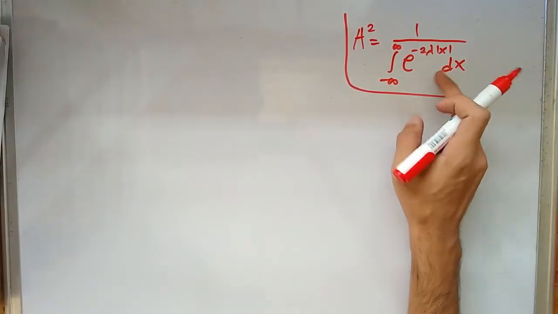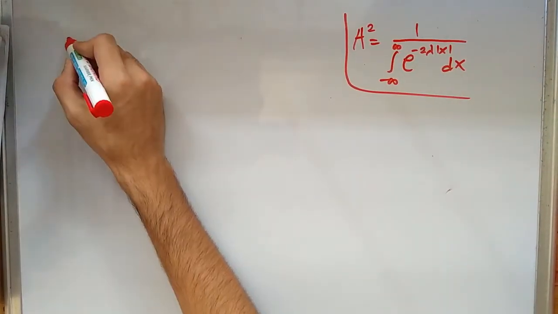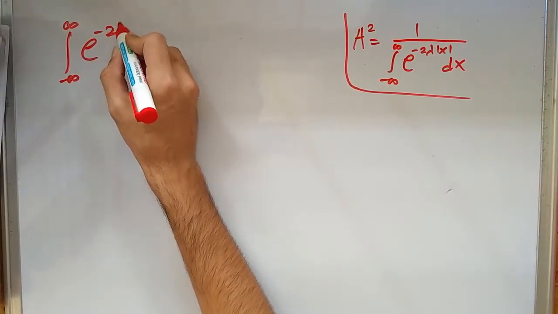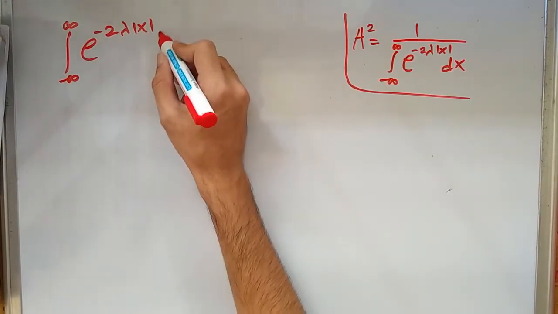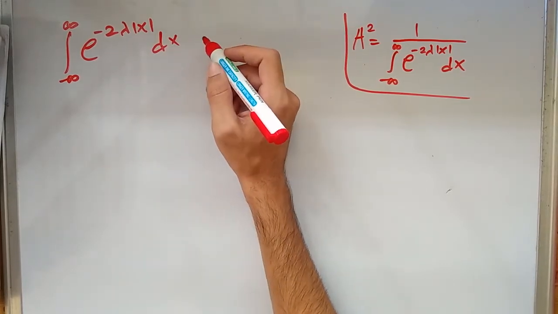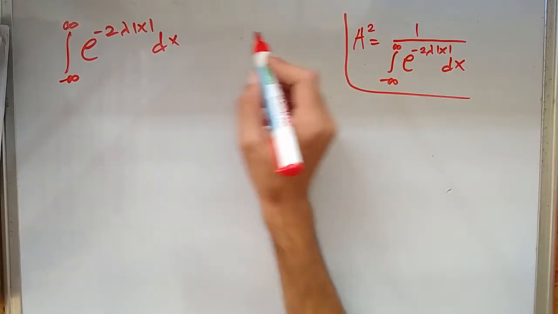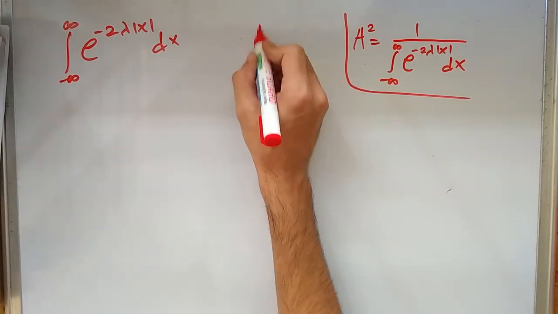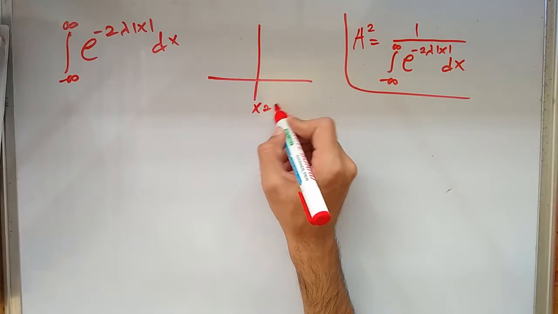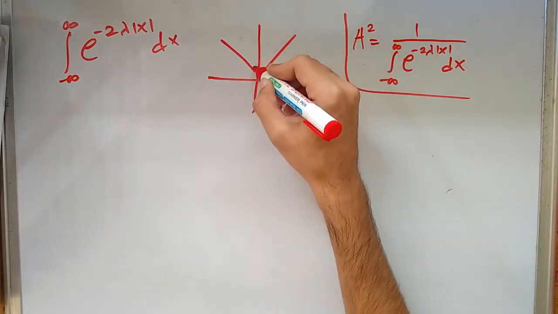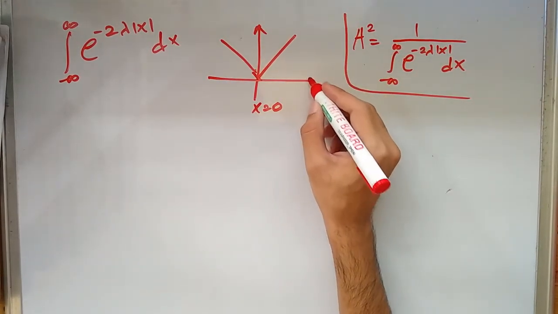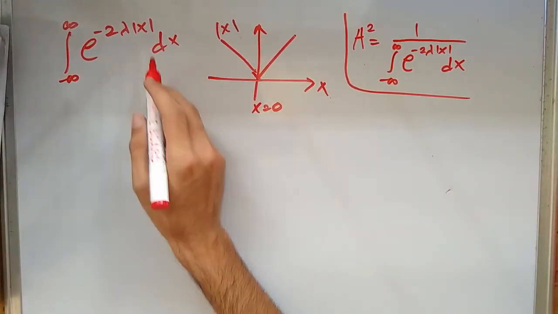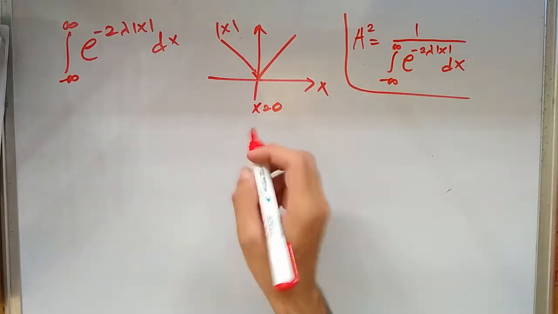So we will just start with integrating this function from minus infinity to infinity, e to the power minus 2 lambda mod x dx. Now we know that the mod function has a property that on the left side of x equal to 0 x takes negative values, and on the right side it takes positive values.